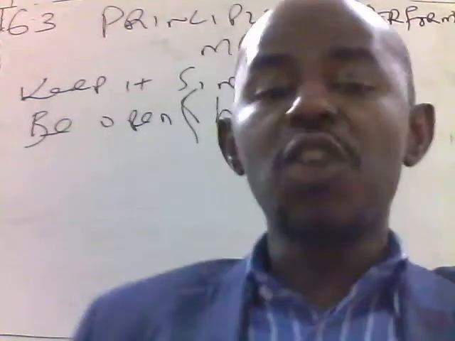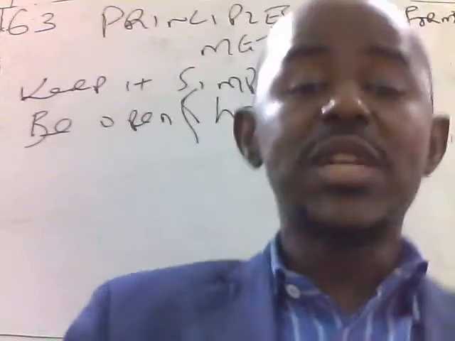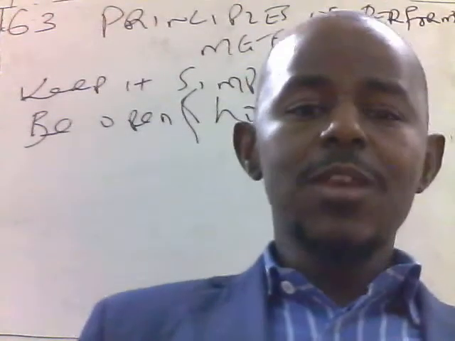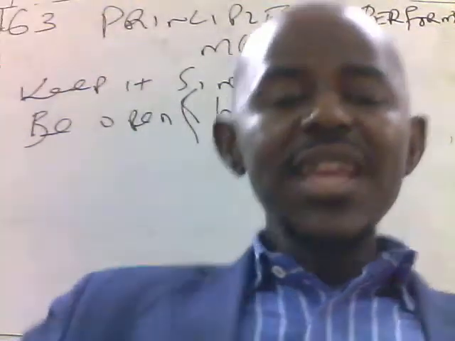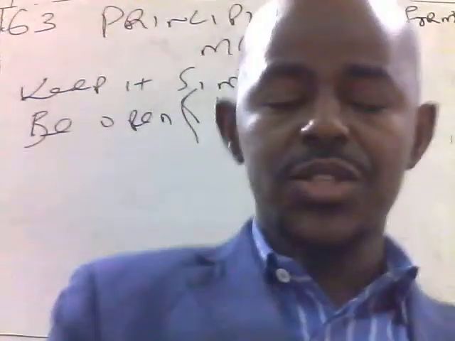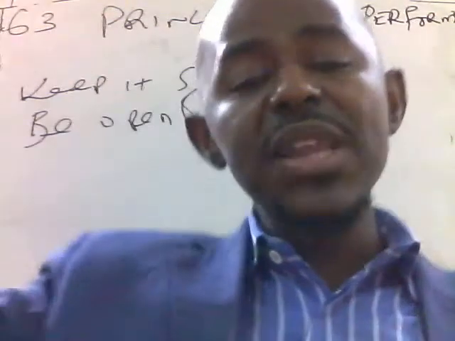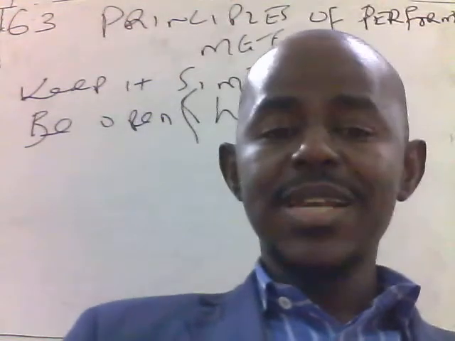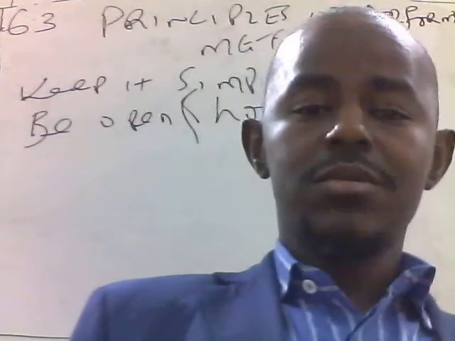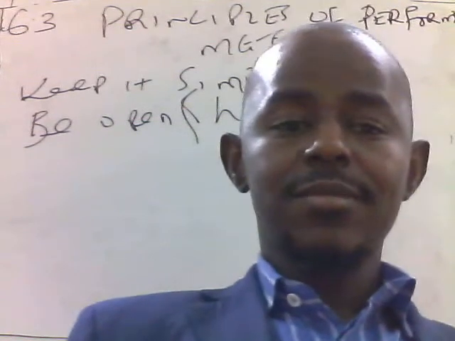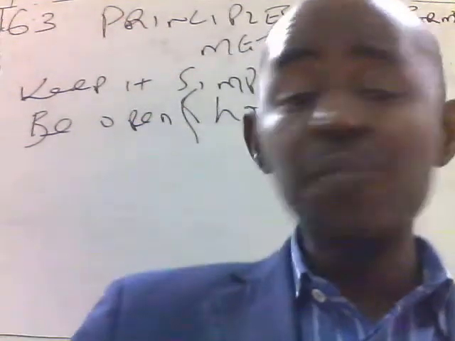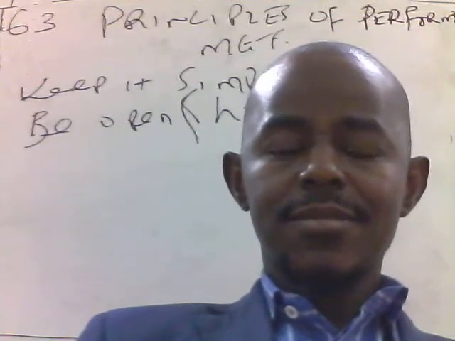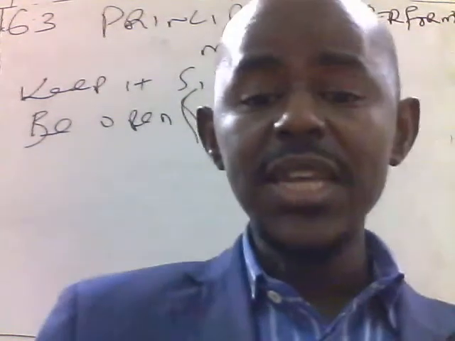Based on the environment, we will not be able to sell 20 tons because this year, Corona has disrupted the business chains, supply chains. So we'll not be able. Be open. Be honest when you are coming up with targets. Let the targets be realistic.